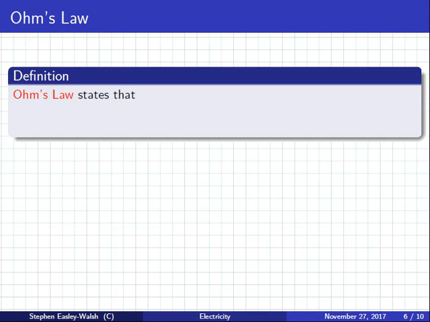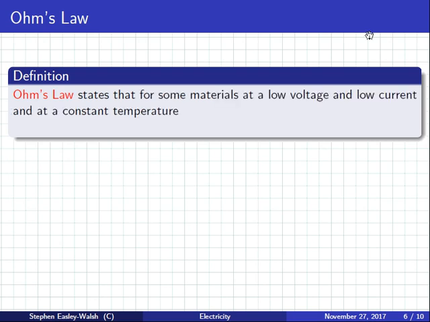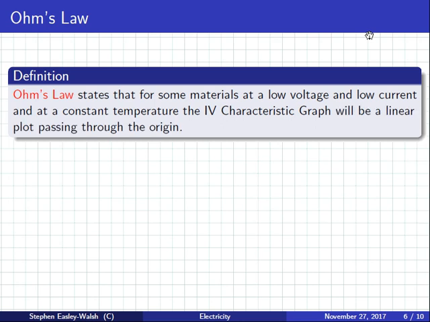So what exactly is Ohm's law? You need to know this for the exam. You think you know it exactly? What is it? Close enough. Ohm's law says, for some materials at low voltage and low current and at a constant temperature, the IV characteristic graph will be linear.